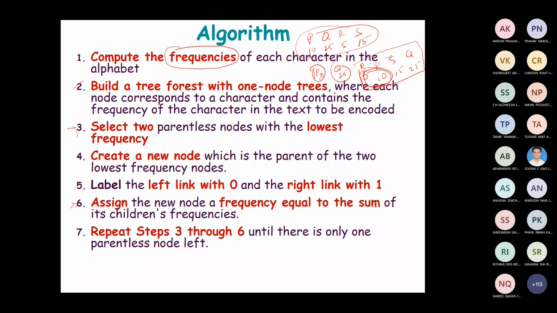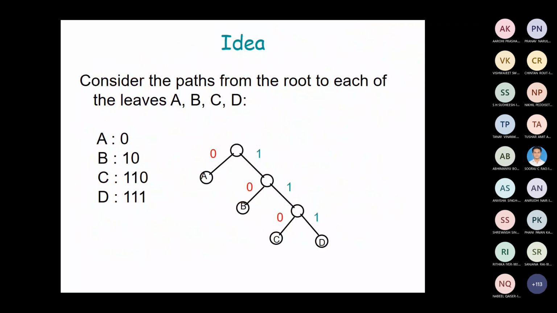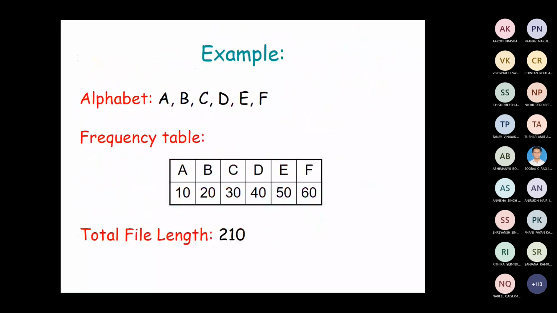Let us look into an example so that you will clearly understand what exactly the Huffman tree says. Let us look at A, B, C, D, E, F. These are the information symbols which I have in my language. I have only 6 symbols.